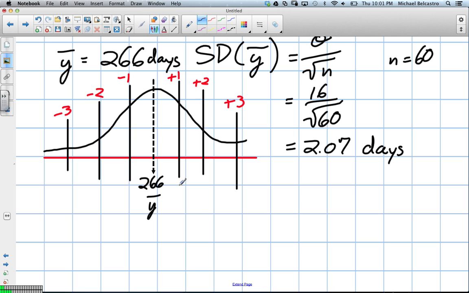So that's 268.07. This one will be 270.14. And this one will be 272.21 days. Going the other way, this will be 263.93.